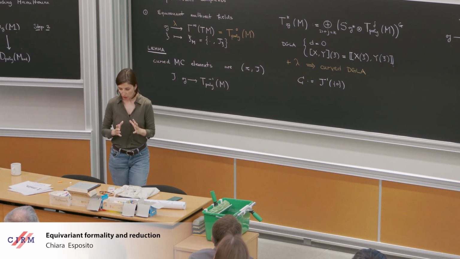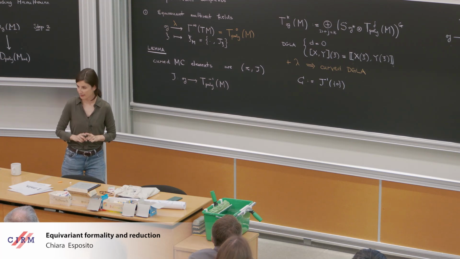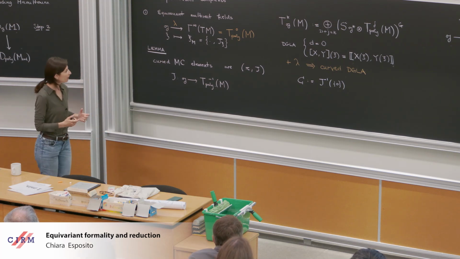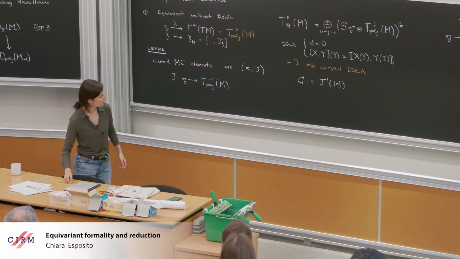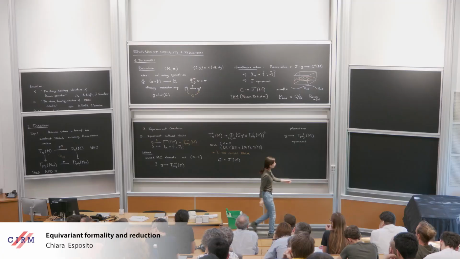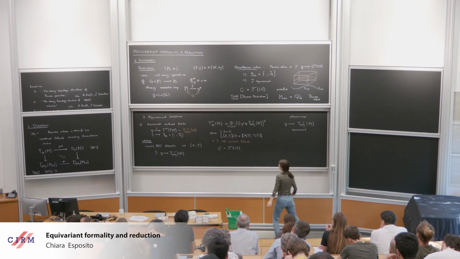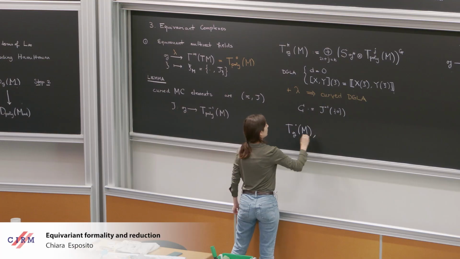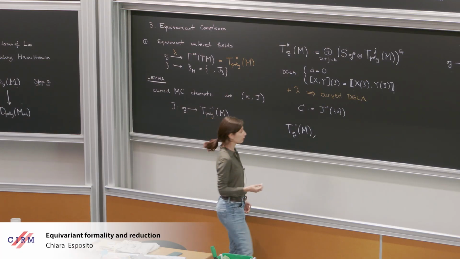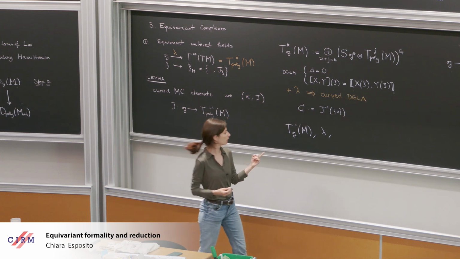In order to implement this choice in our algebraic setting, what we have to do is twist our DGLA structure. So from now on, when I talk about the equivariant complex, what I have in mind is the following. I have G, I have my lambda, the curvature, and now it is not 0 anymore. I twist it.